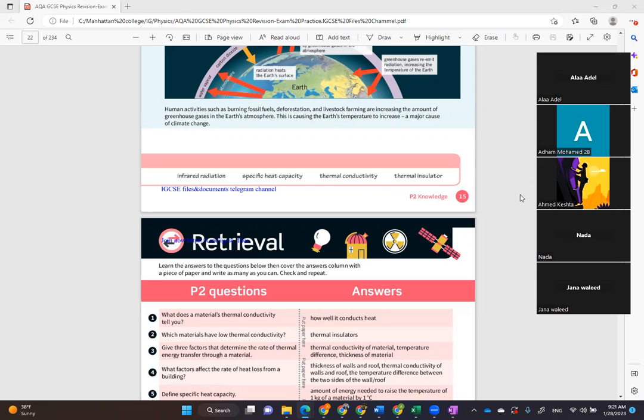Specific heat capacity is the amount of energy needed to raise a specific amount of kilogram by a specific amount of Celsius. So I need this definition: the amount of heat needed to raise 1 kilogram of material by 1 Celsius.